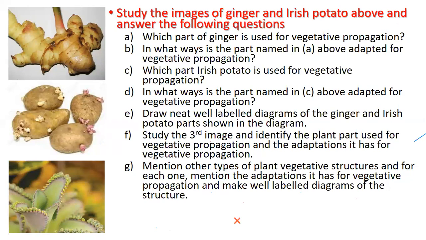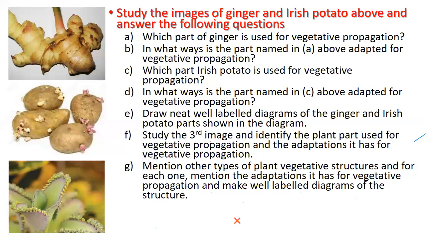Okay, what I wanted to mean is that when marks are being awarded, if someone just says axillary bud, they'll get a mark, okay? Because the axillary buds will develop into new plants. Of course, the terminal bud is usually one. Even the terminal bud can develop into a new plant.